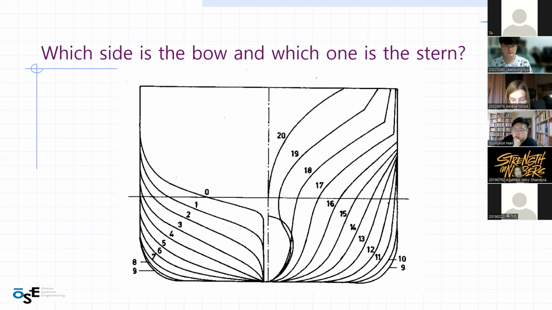I think the left side would be the bow, and the right side is the stern of the ship. Actually, it's the other way around.